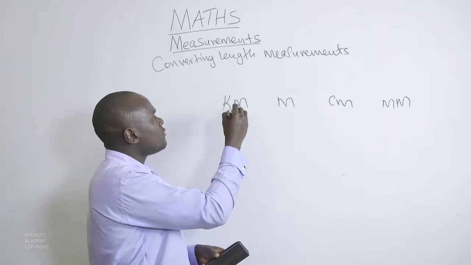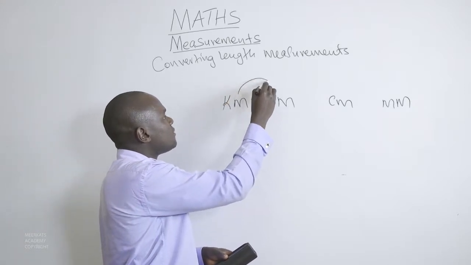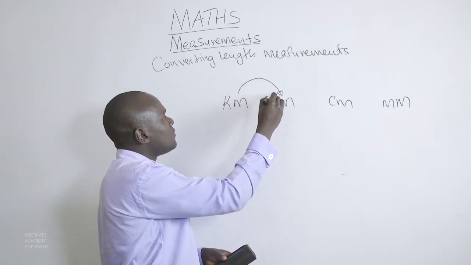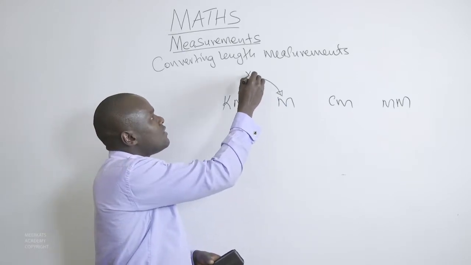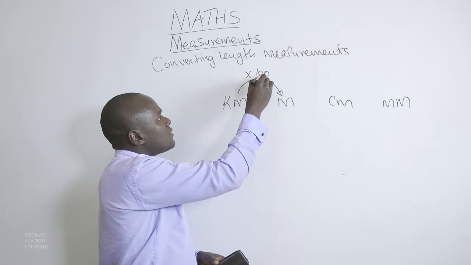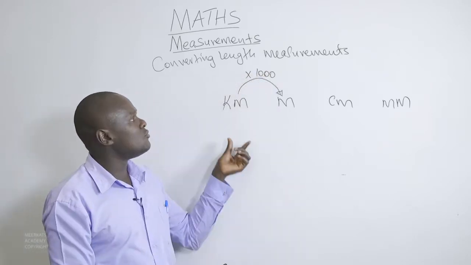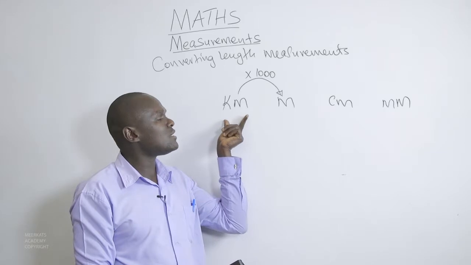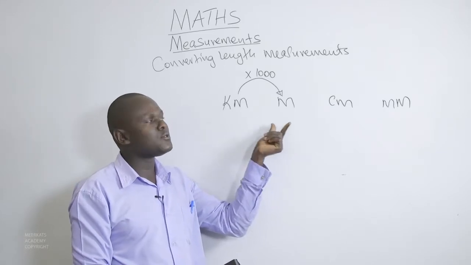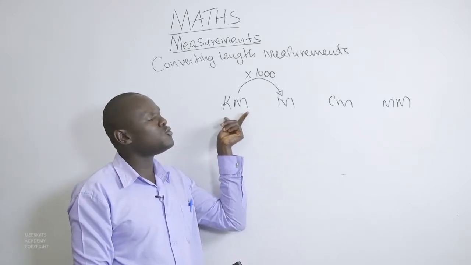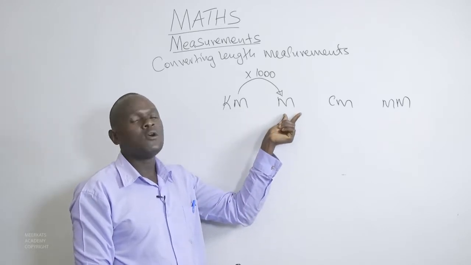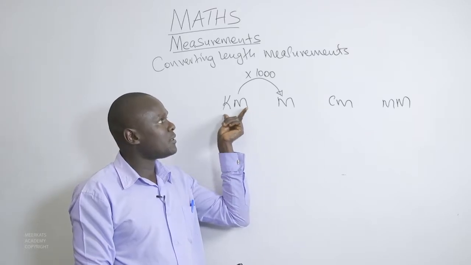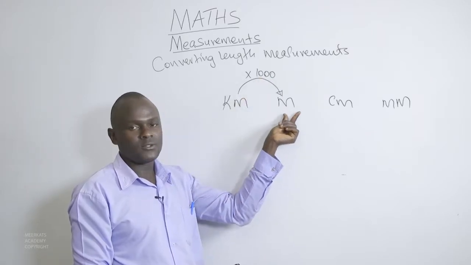If you want to convert from kilometer to meters, you basically multiply the given kilometers by 1,000, because we know that 1 kilometer is equal to 1,000 meters. So if you are given 2 kilometers, you want to convert to meters, we automatically know that those are 2,000 meters. So you basically multiply 2 by that to get 2,000.